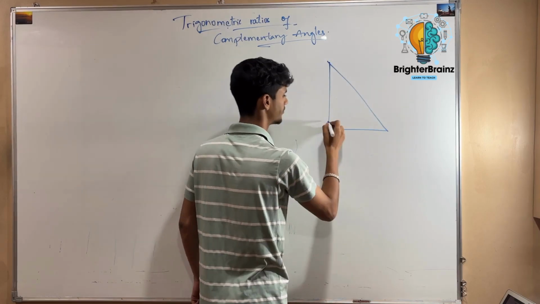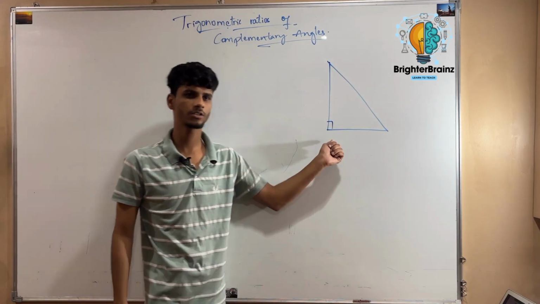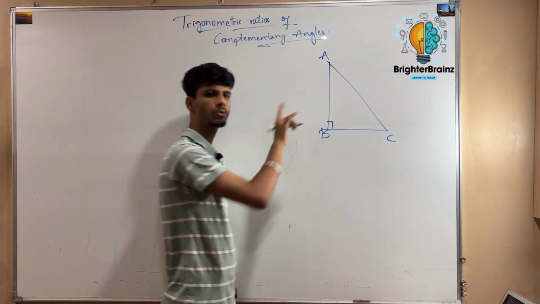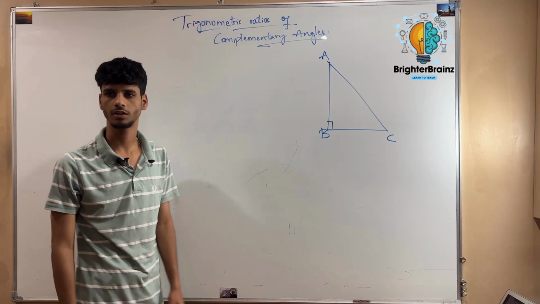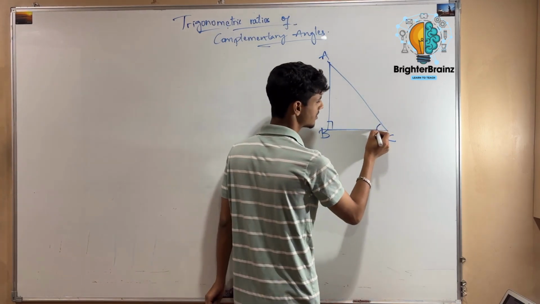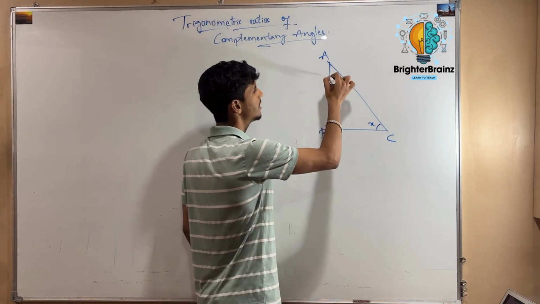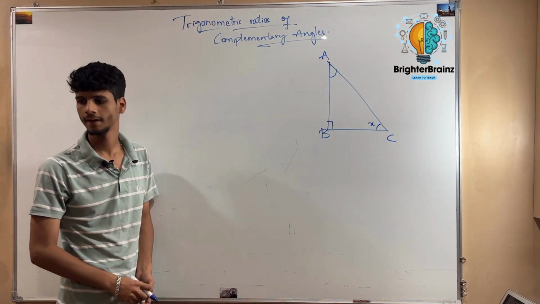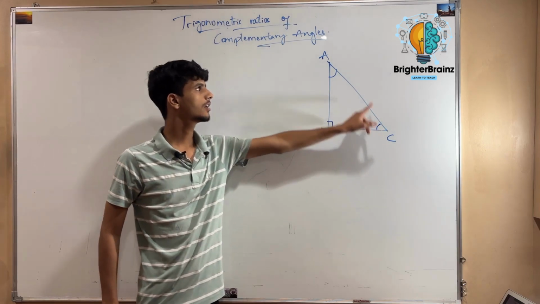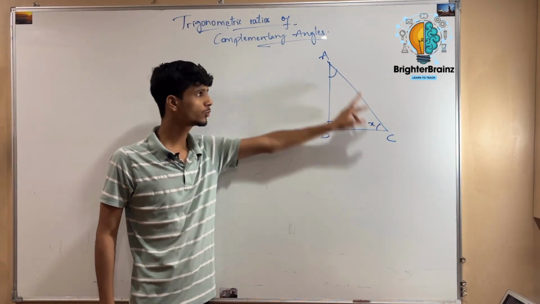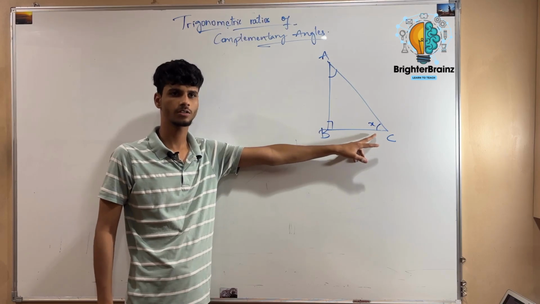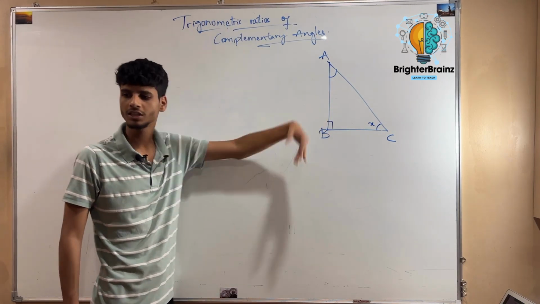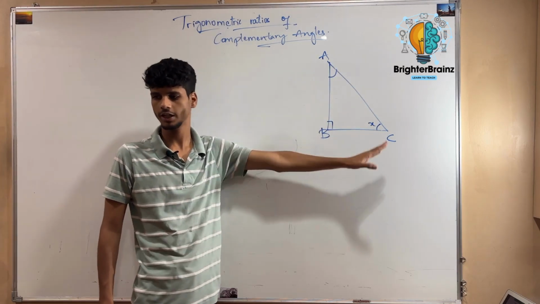We already know that one angle will be 90 degrees, and that A, B and C are the three vertices of the right angle triangle. Let us consider this angle as x. What does the other angle become? These two angles are complementary angles. One is already 90 degrees, and out of 180, 90 will be left over.